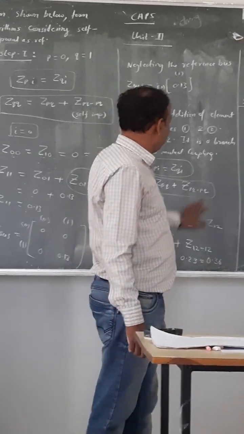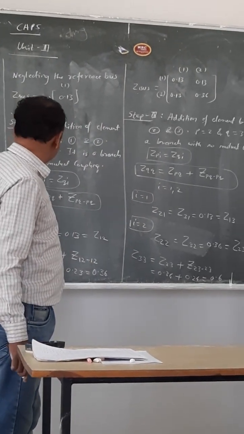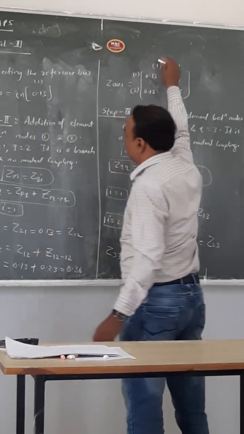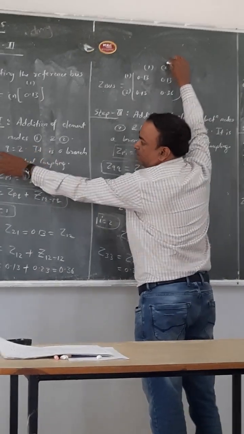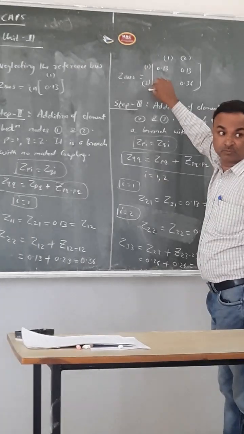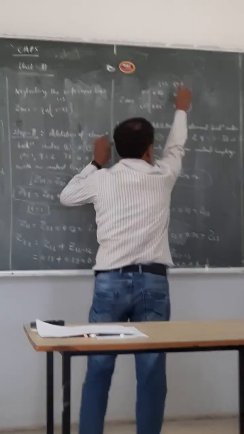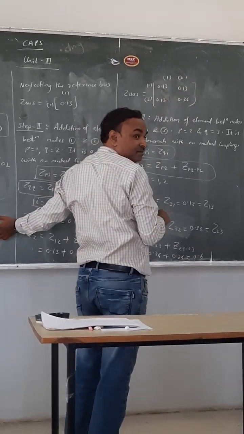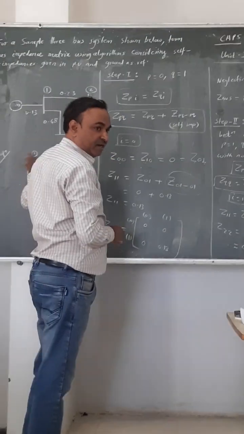Yes. Now we will form the new Z bus from this original Z bus. We have now with us 1 and 2. So 1, 2. Original matrix is 1, 2, 1, 1. Now we have expanded this matrix by adding one element. We have added a new element between the nodes 1 and 2.